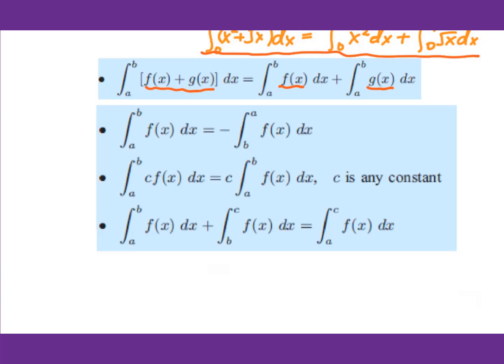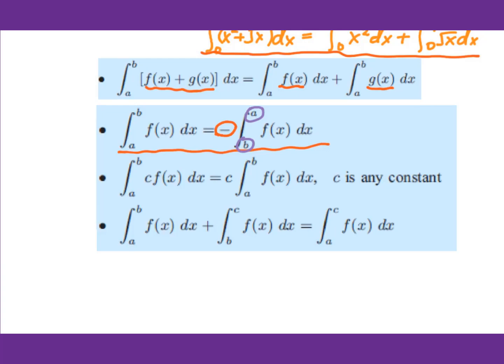There are other properties for definite integrals. That is, the definite integral of f of x from a to b equals negative the definite integral of f of x from b to a.